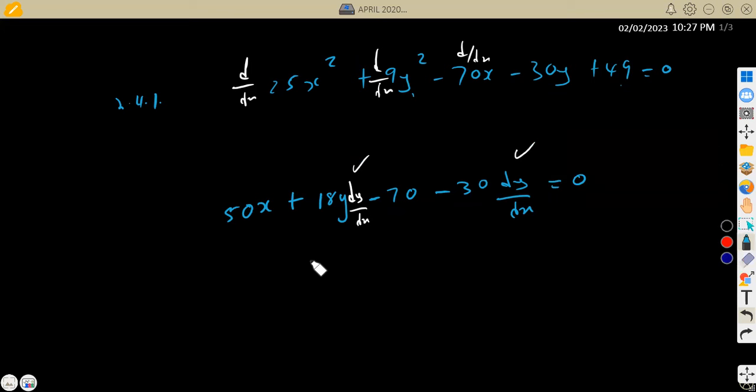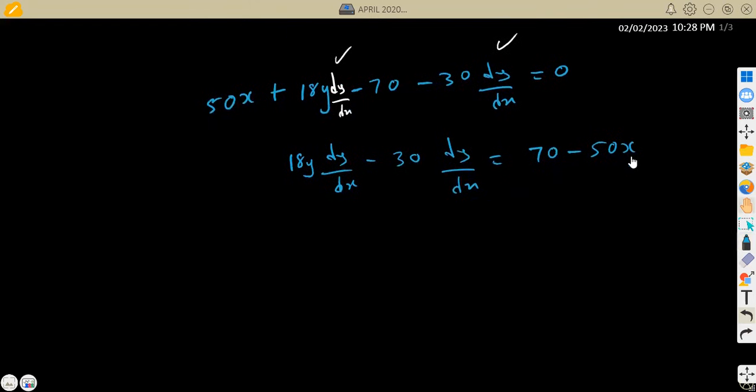So this can be written as 18y dy/dx minus 30 dy/dx is equivalent to, if we transpose the other numbers to the other side of the equation, minus 70 to the other side is going to be a positive 70, and 50x to the other side is going to be a negative 50x. From this part, you can see that these are like terms.